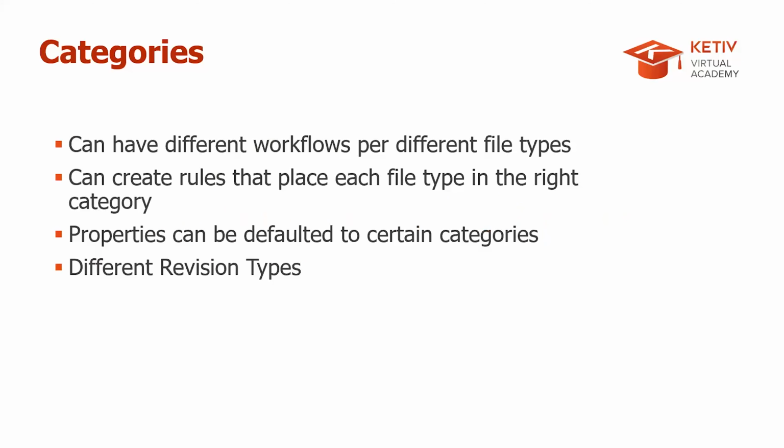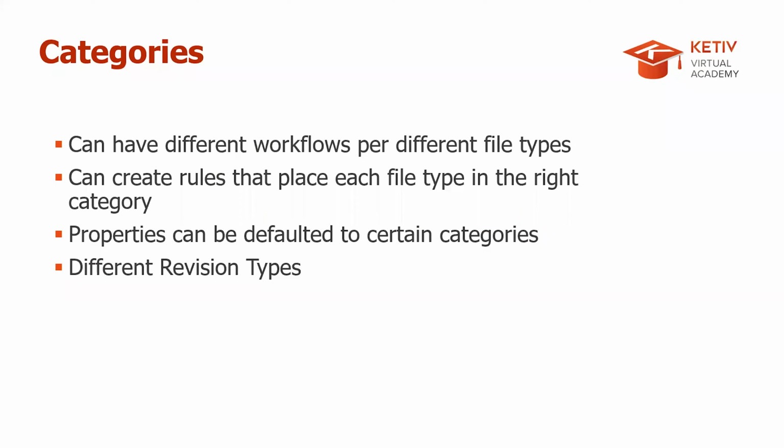The first part we're going to talk about is categories. You can have different workflows for different file types inside of Vault with Lifecycles, and that is done with categories. Typically, you could have CAM files, Inventor files, AutoCAD Electrical files.